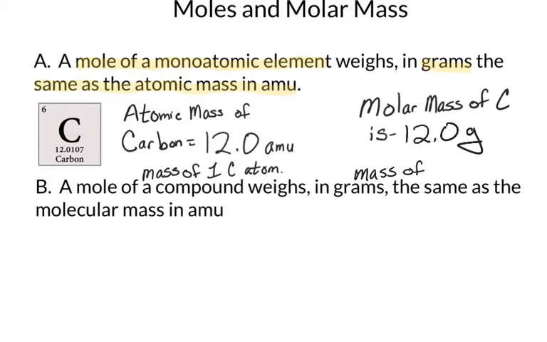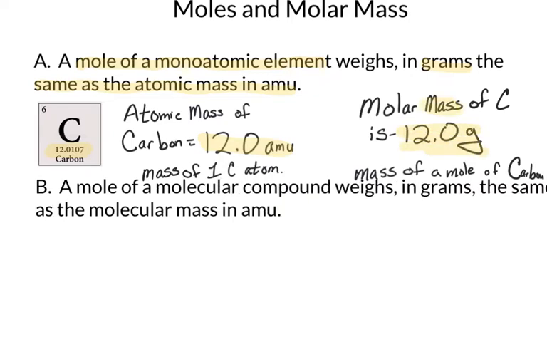The whole point of it is that whatever the mass is on the periodic table can now be used as a measurable quantity, and that will be grams. So when we talk about the molar mass, its unit will always be grams. And the units will be written as grams per mole because it is how much the mass of 1 mole of that substance is, rather than AMU, and it has become a measurable amount.